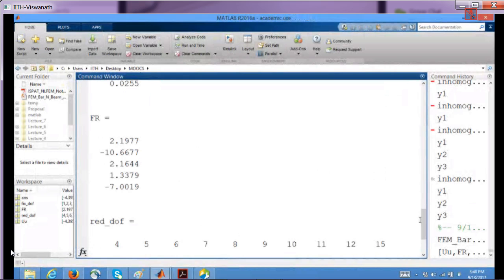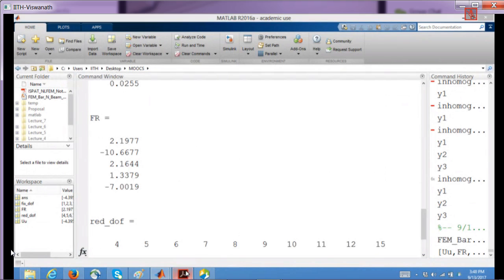So the reaction forces are: this is the axial reaction at node 1. This is the transverse reaction at node 1. This is the moment at node 1, and these are the axial as well as transverse forces at node 5.